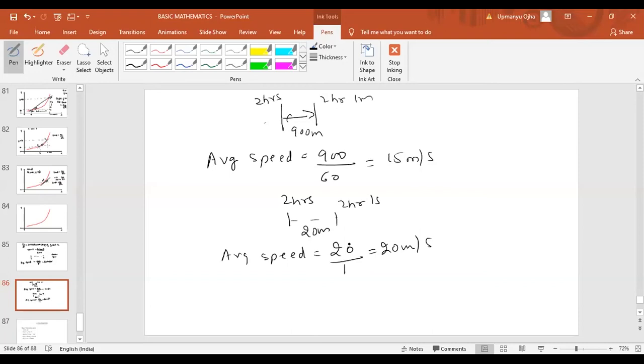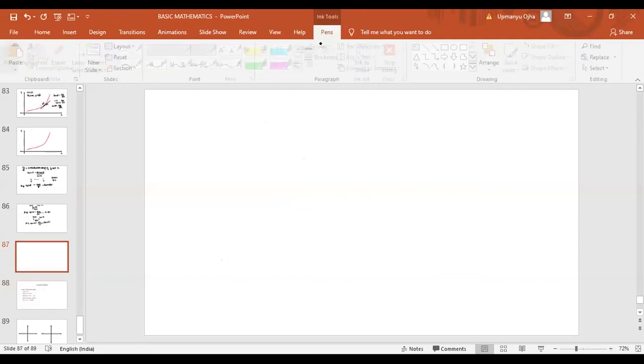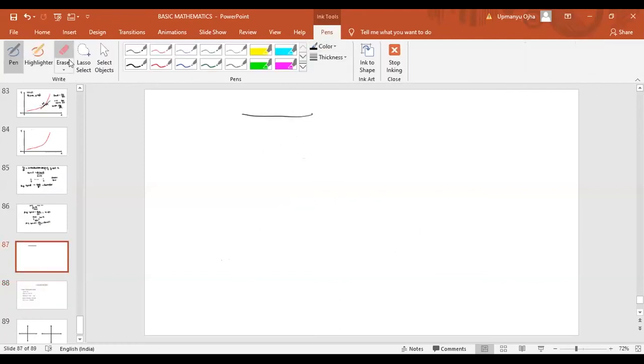Like now that at 2 hours and 2 hours 0.001 second, the distance covered by the car was 0.05 meters.